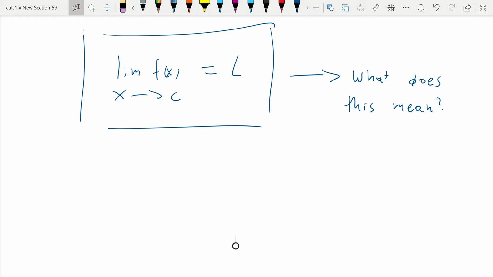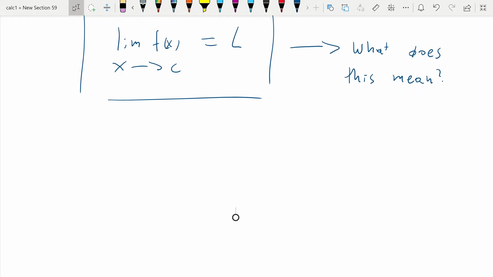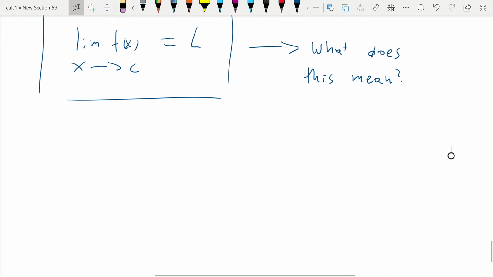One of the results of this section is that these two things are equivalent, so it doesn't matter which notion we adopt as the definition. But let's start with the epsilon-delta, the one given in the book.